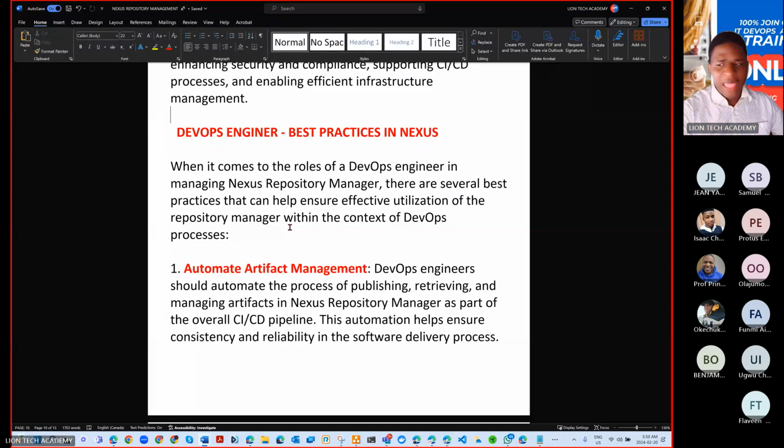Now, in as much as we are going to run mvn deploy today, our ultimate goal is to be able to automatically deploy these artifacts. That becomes the goal. That is the ultimate goal. That's what we want to be able to achieve at the end of the day: to automatically deploy these artifacts into these different environments.